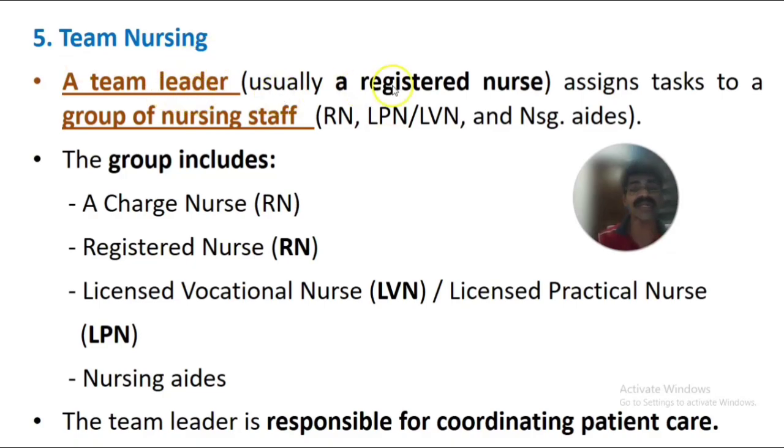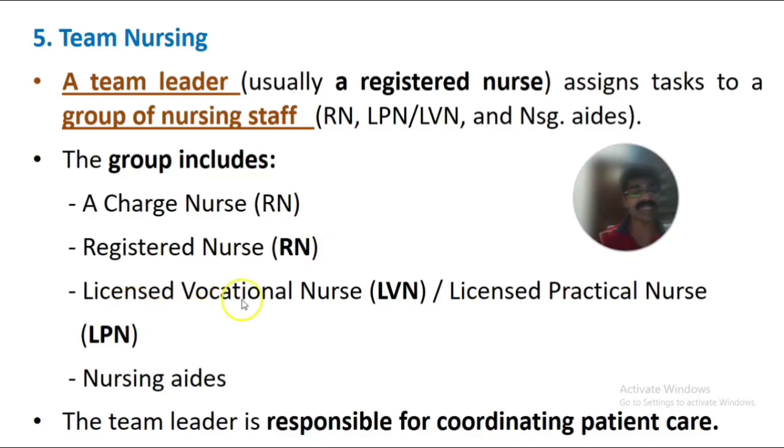So a team leader, usually a registered nurse, assigns the task of patient care or functions to a group of nursing staff. The group includes a charge nurse. So there will be a leader, usually a registered nurse. So a charge nurse or in-charge, then a number of registered nurses according to the number of staff in that particular ward. Registered nurses do the senior nursing procedures.